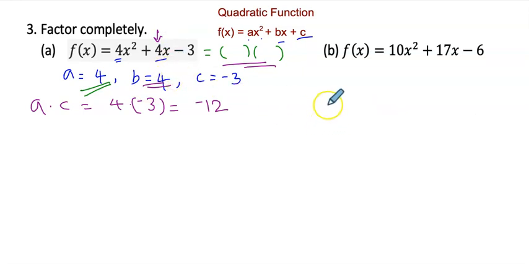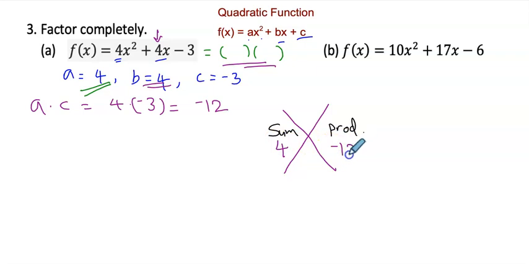Okay, so let me have my x here, and on this side you'll have a sum and on the other side a product. What is my sum? Sum is equal to 4 and the product is negative 12.